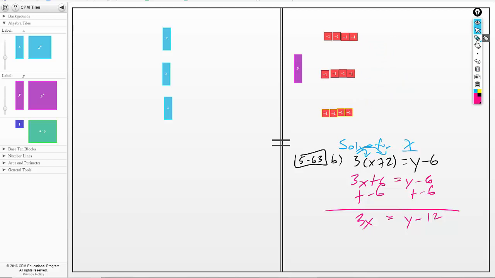Each x, in other words, when I divide by 3, in each group we're going to have negative 4's, and then we're going to have this one y that's split with 3 groups, so we're going to have 1/3 of a y. So 1/3 y minus 4. X equals 1/3 y minus 4.